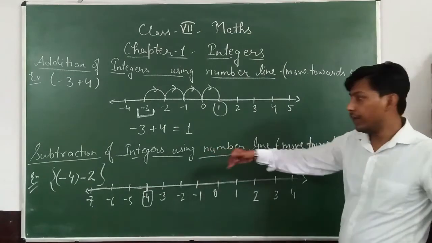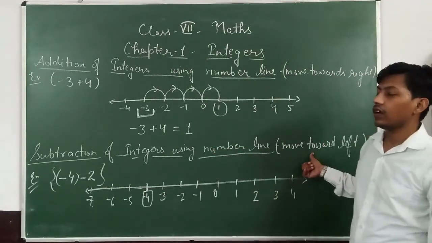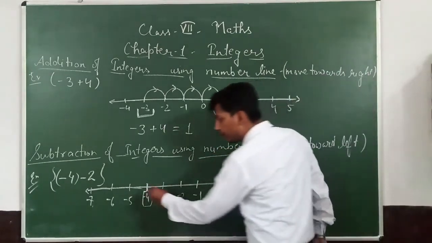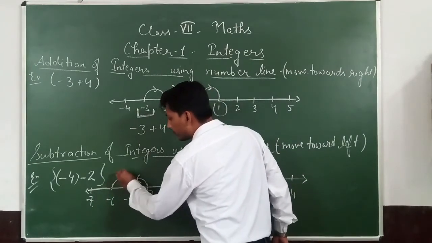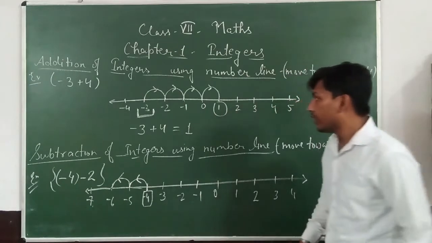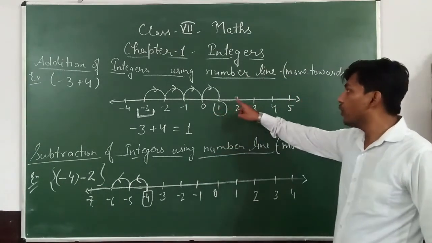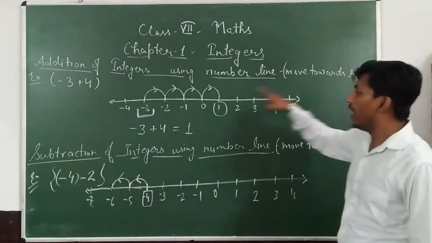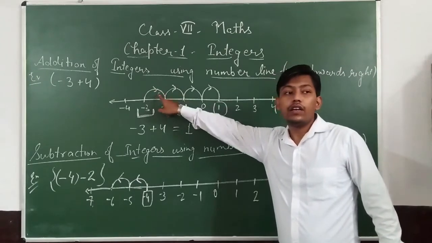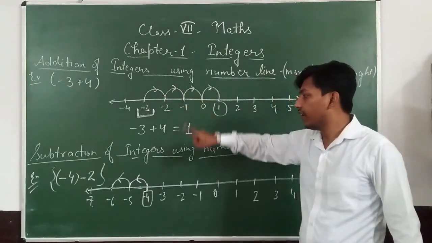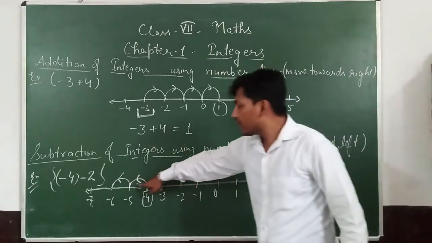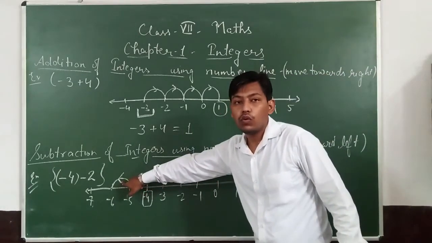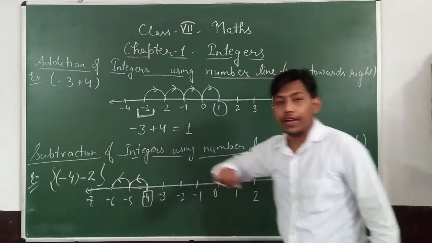Subtract 2, that means move left side. How many steps? 2 steps. 1 and 2. Notice that when I am moving towards right side, I am making the sign towards right side. When I am moving towards left side, the symbol is denoting left side.